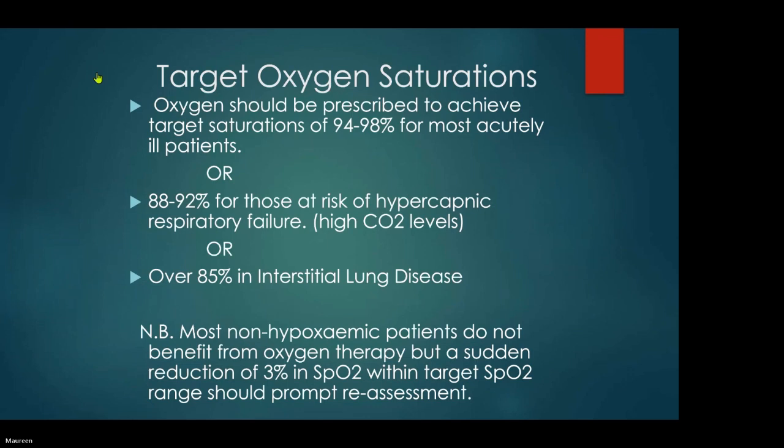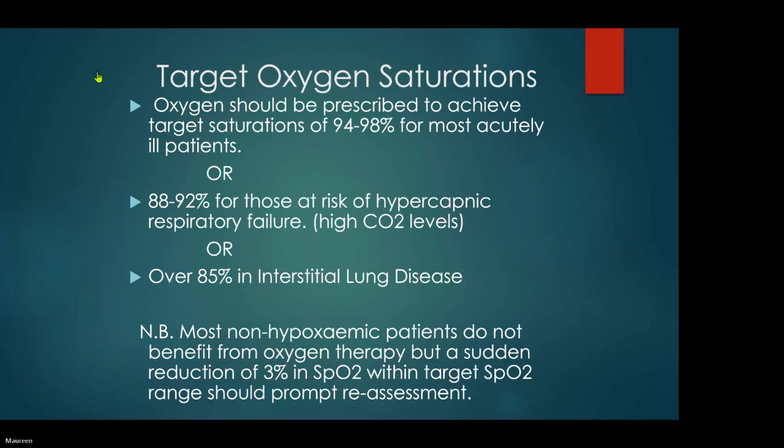The difficulty is that your body's means of compensating for an elevated carbon dioxide level is to monitor low oxygen levels in the bloodstream, and that becomes your stimulus to breathe. So in people who've got low oxygen levels and high carbon dioxide levels in their bloodstream, we have to be very careful about how much oxygen we give them in a hospital scenario.